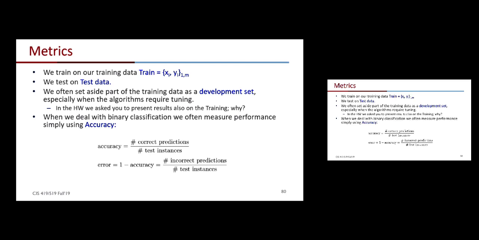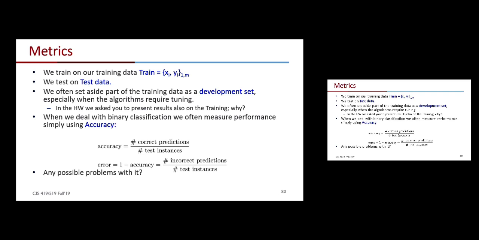That's the simplest thing that you can think of. If you have a binary classifier, this makes sense. Sometimes. When would that not make sense? Do you see any problem with measuring your performance using accuracy?